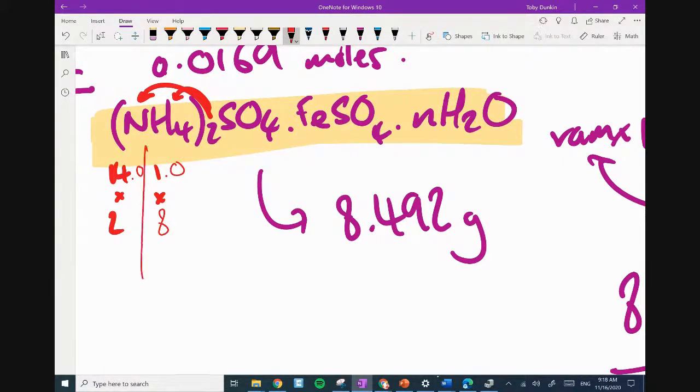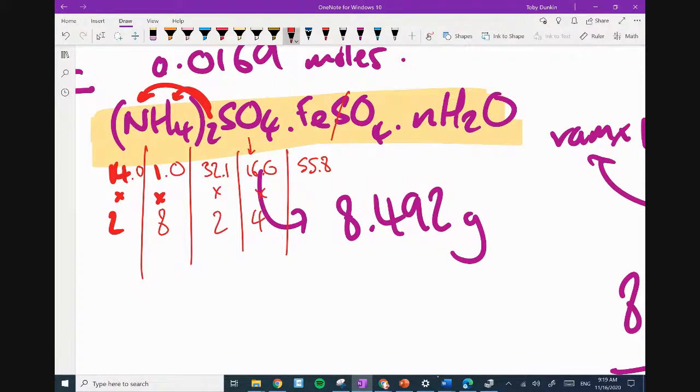And then sulfur, which is 32.1. Sulfur at 32.1, and then oxygen at 16.0 times 4, and then iron at 55.8. Oh, I can multiply that one by 2, get rid of him as well. Oh, and I can add in the oxygen to make that 8 as well, and I'm done.